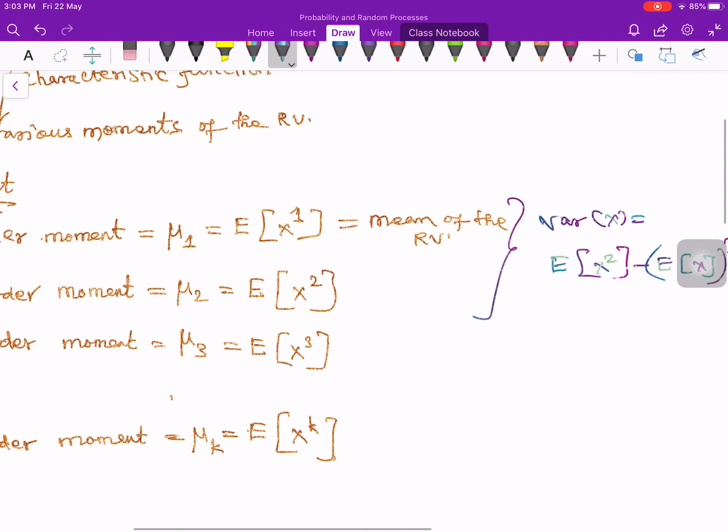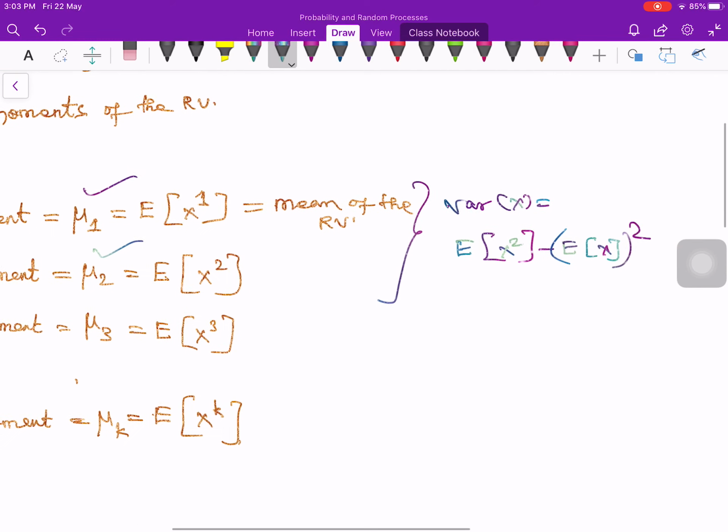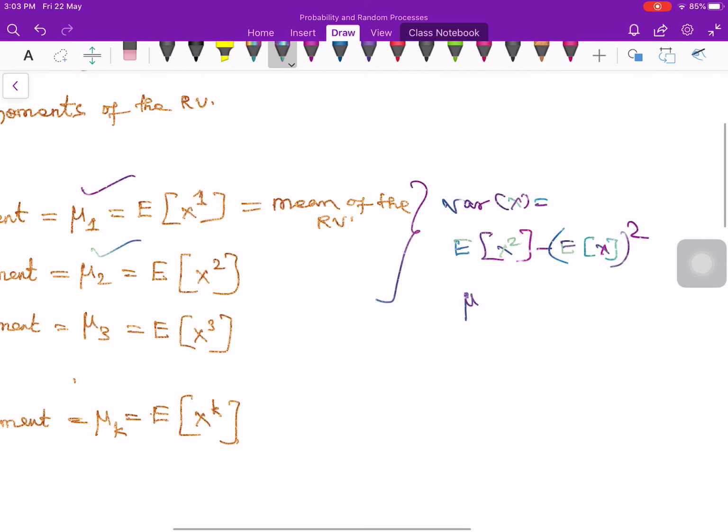So once you know the first order moment and the second order moment, you can calculate the variance of the random variable, that is mu 2 minus mu 1 whole squared. Therefore, it is very easy to calculate various moments once you have the characteristic function or moment generating function of the random variable.